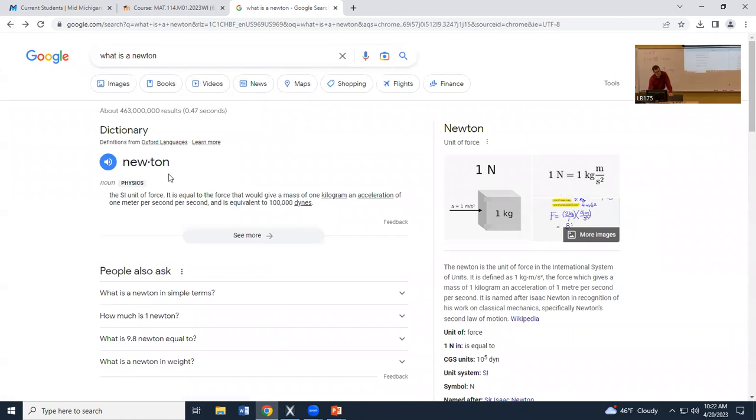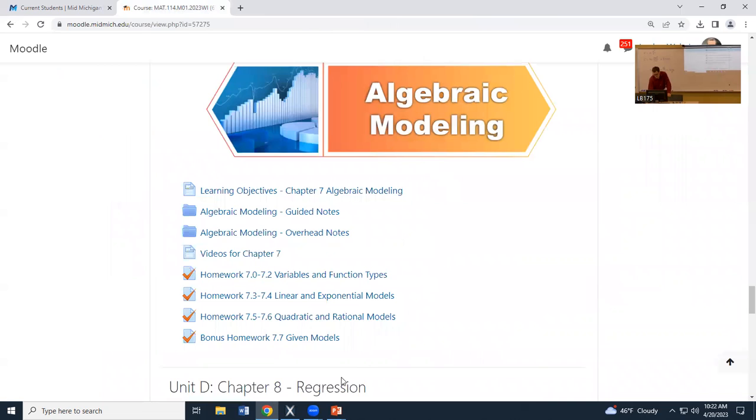Obviously, it's a lot easier to say Newton than it is to say kilograms times meters divided by seconds squared, right? So the measurement of force that we're actually dealing with is newtons.